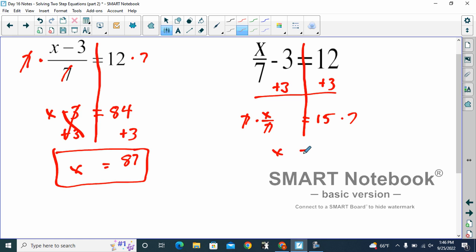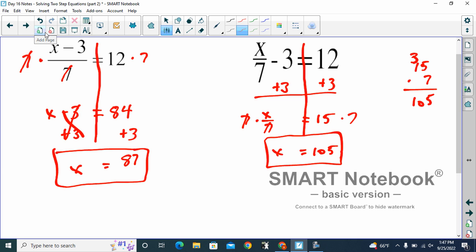And I get x equals 15 times 7. 7 times 5 is 35. 7 times 1 is 7 plus 3 is 10. 105. Problems like this one are review. Problems like this one are a little bit new.